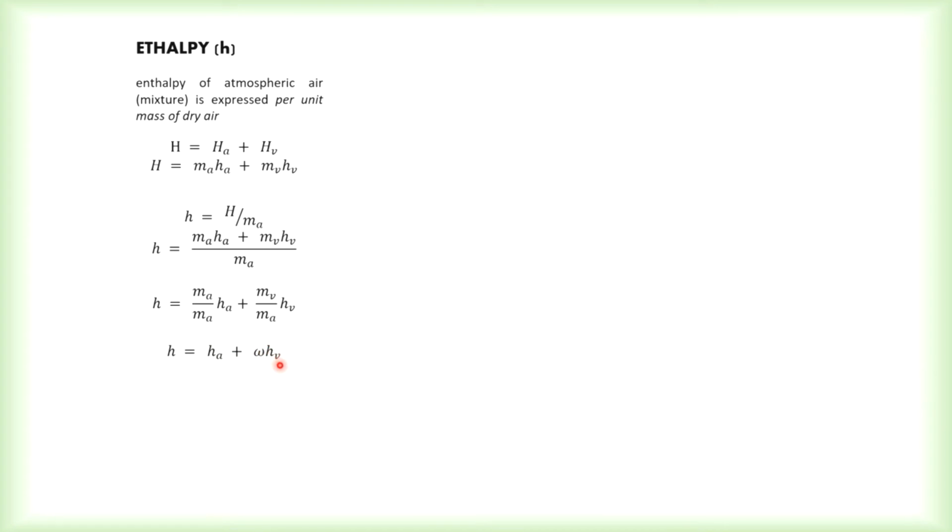HV can be found by taking the Hg at that particular temperature, which I will show you how to do afterward. So you will have H equals HA plus omega Hg. Hg here refers to the saturation enthalpy at that temperature. If the air temperature is 25 degrees C, then you refer to Hg at that temperature. Then HA, you take CPA 1.005 times 25.